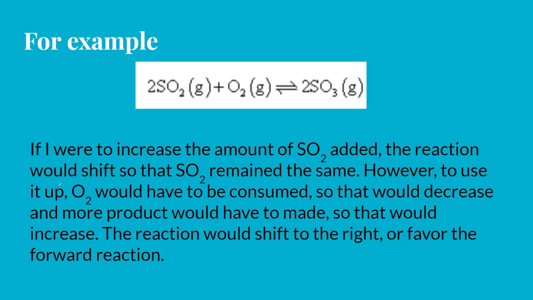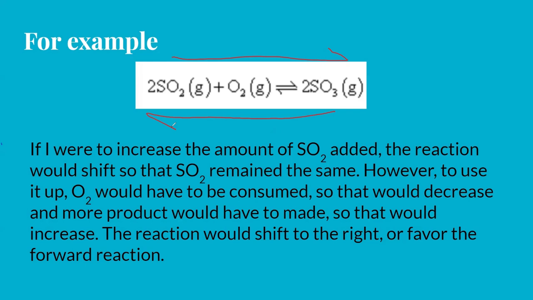Okay, so again, I've got a forward reaction and a reverse reaction. I'm going to go red again. My forward reaction goes this way and makes more sulfur trioxide. My reverse reaction goes backwards and makes sulfur dioxide and oxygen.